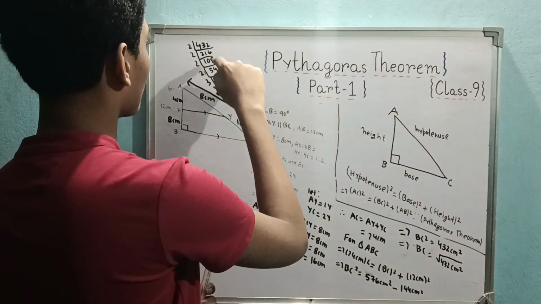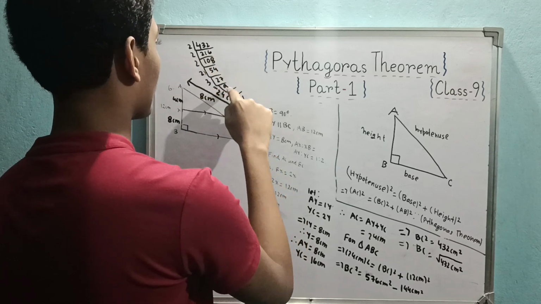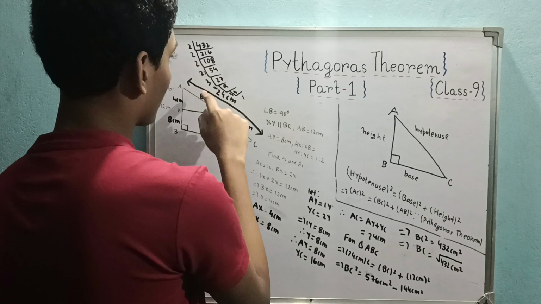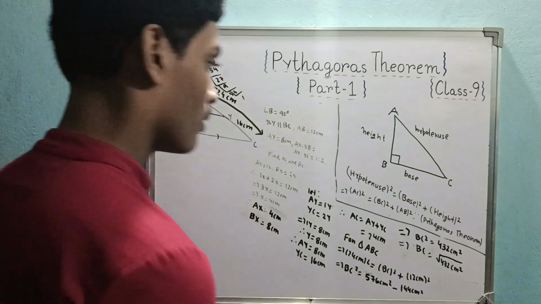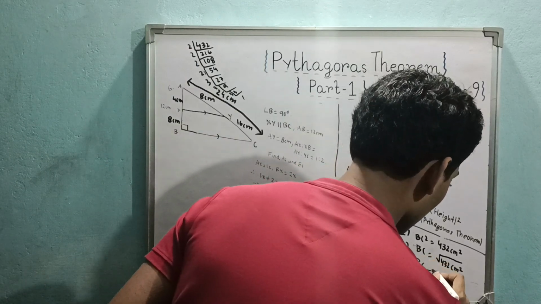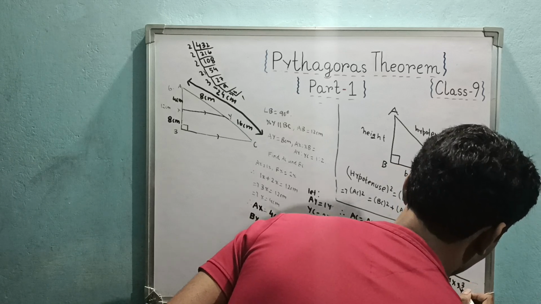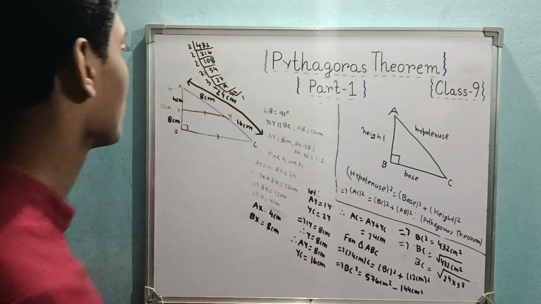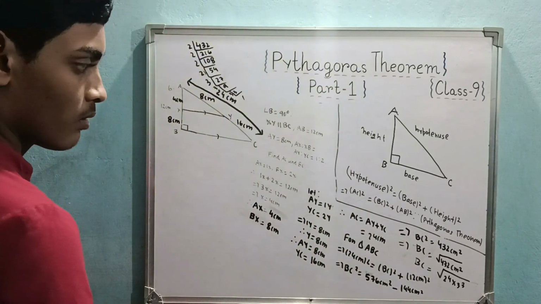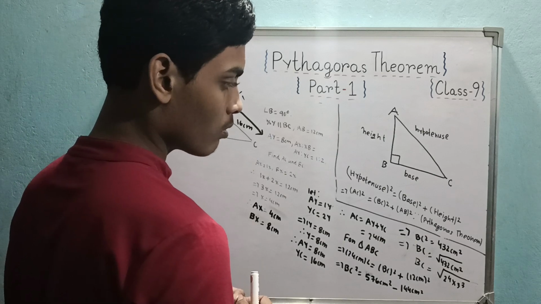So divide by 2 to 216, by 2 to 108, by 2 to 54, by 2 to 27, by 3 to 9, by 3 to 3, by 3 to 1. There are three 3s here. So BC equal to root of 2 to the power 4 into 3 to the power 3.